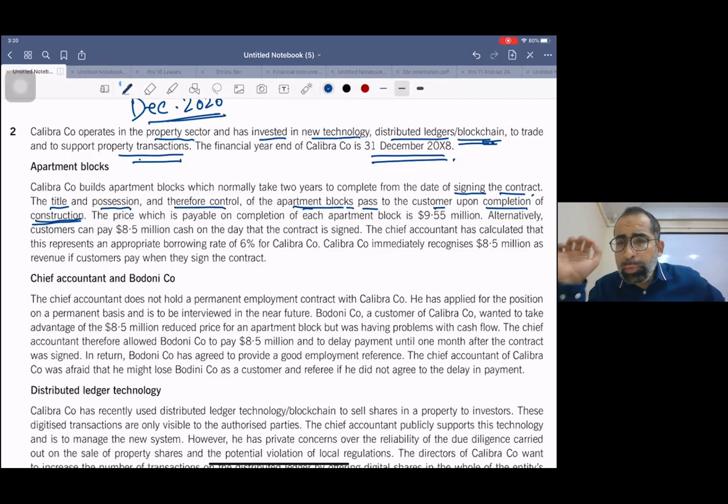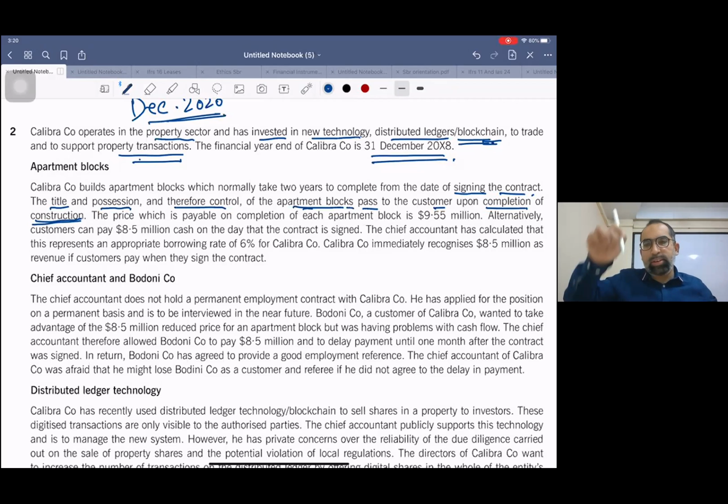Now, hope you remember stage three of IFRS 15 about the transaction price. There is one very famous thing, significant financing component. What is significant financing component? There are two cases. The first case: sometimes you deliver goods now, and you receive cash after 1 or 2 years.